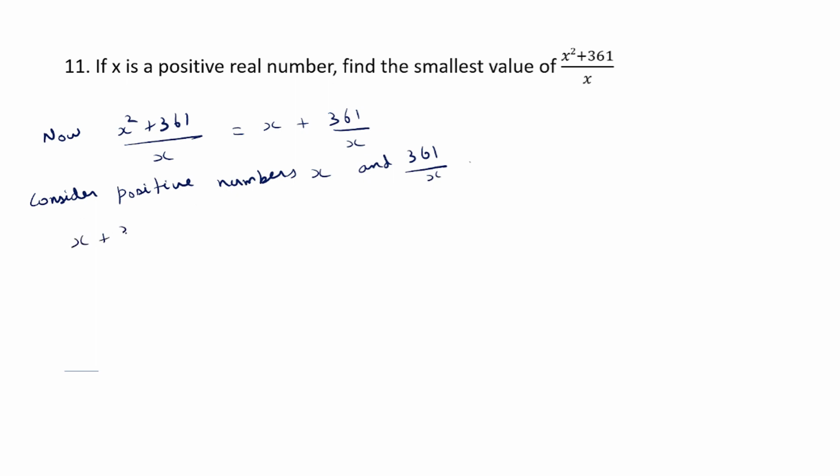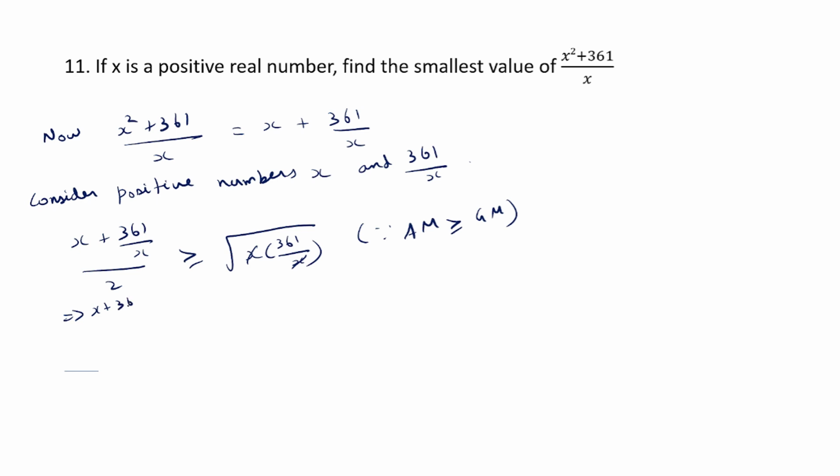Now their arithmetic mean is greater than or equal to their geometric mean. Geometric mean is root of x into 361 by x. This is since arithmetic mean is greater than or equal to geometric mean. So from this we get x plus 361 by x is greater than or equal to 2 into root 361. Root 361 is 19, so it is 2 into 19.